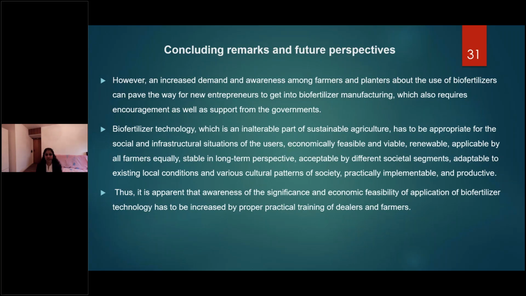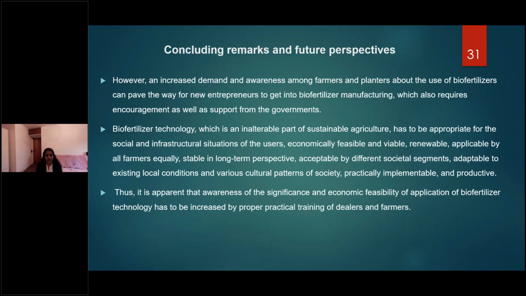Biofertilizer technology, which is an inalienable part of sustainable agriculture, has to be appropriate for the social and infrastructural situations of the users: economically feasible and viable, renewable, applicable by all farmers equally, stable in the long term, acceptable by different societal segments, adaptable to existing local conditions and various cultural patterns of society, practically implementable and productive.